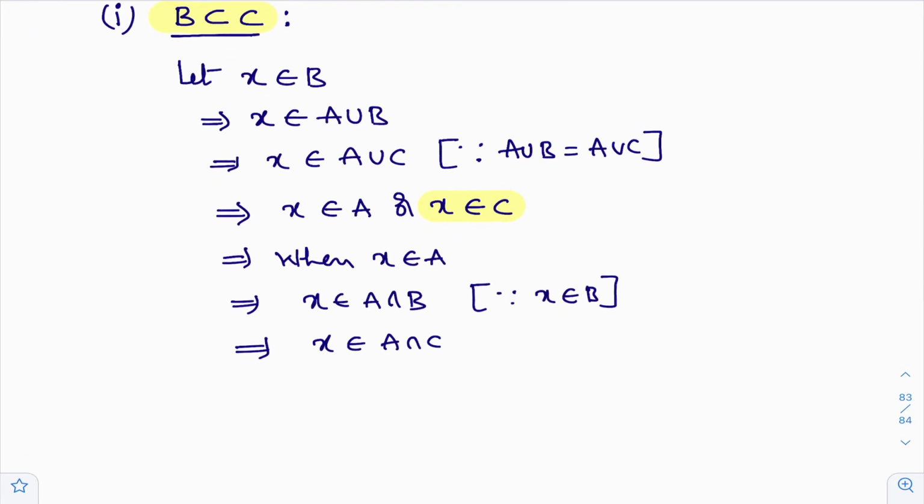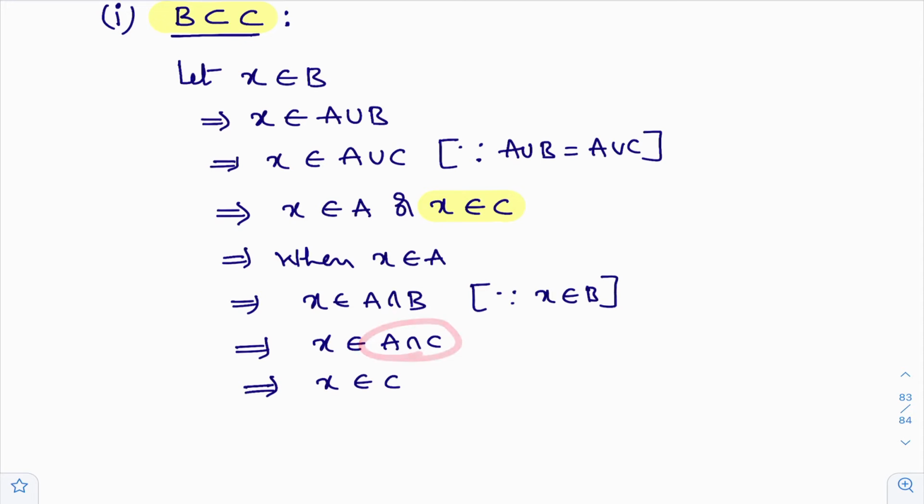When X belongs to A intersection C, then what I can say? I can say that X belongs to A, and intersection means X will be there in A as well as in C also. X belongs to C. Since it is intersection, X must present in A, X must present in C also.